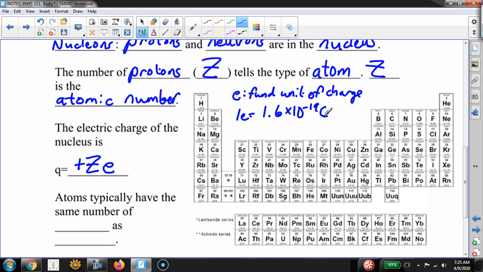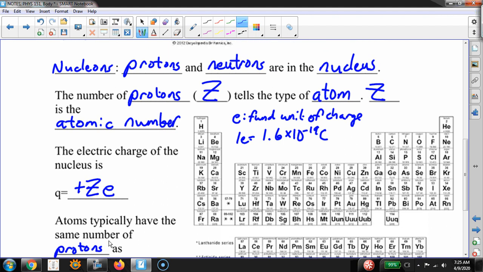Atoms typically have the same number of protons as neutrons. We'll see later that's not always true, but typically it is. So if you notice here, for hydrogen, that is the atomic number. Hydrogen has an atomic number of 1. Hydrogen has 1 proton.